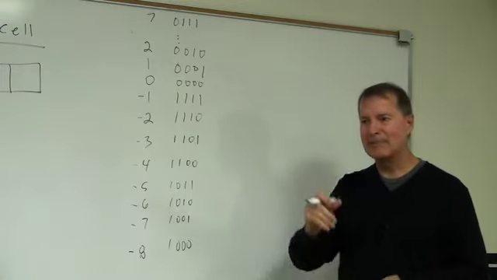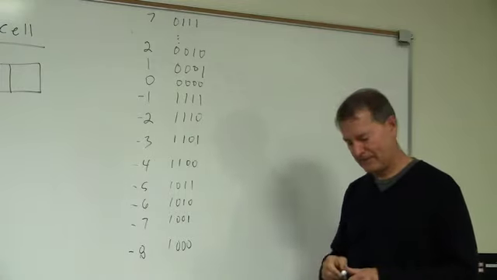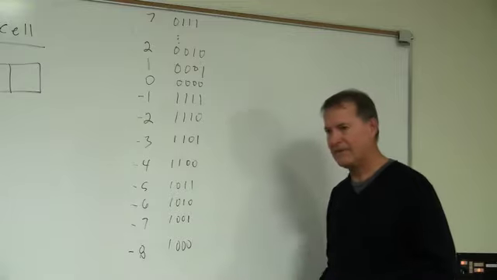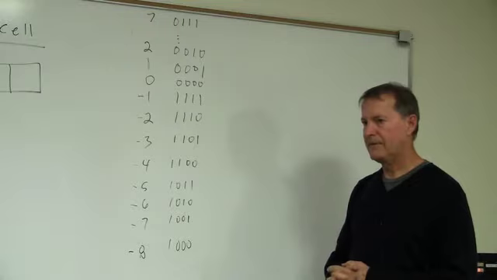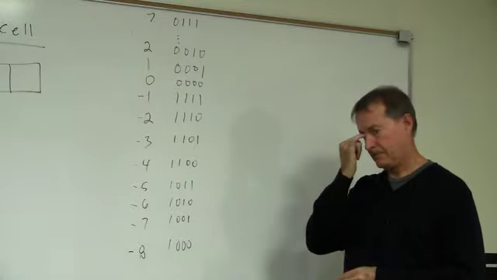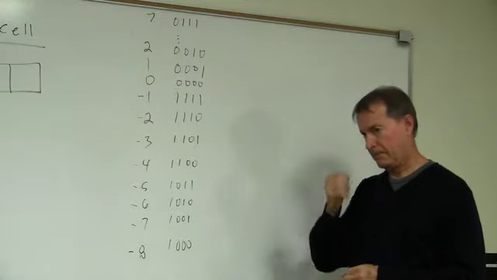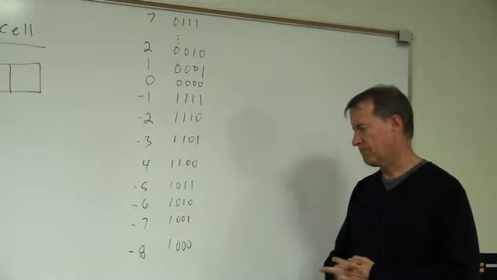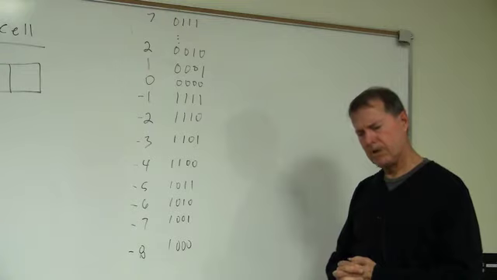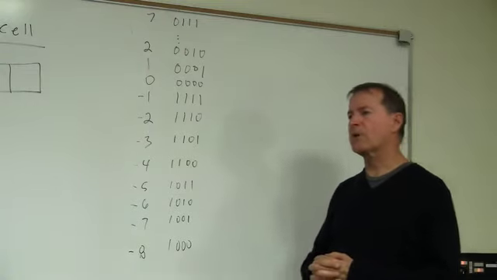Yes. Just a quick question. With all the other negative values, and even the positive ones, but it's less illustrative, we don't count the first cell towards the value, but with negative 8 we are. What do you mean we don't count?